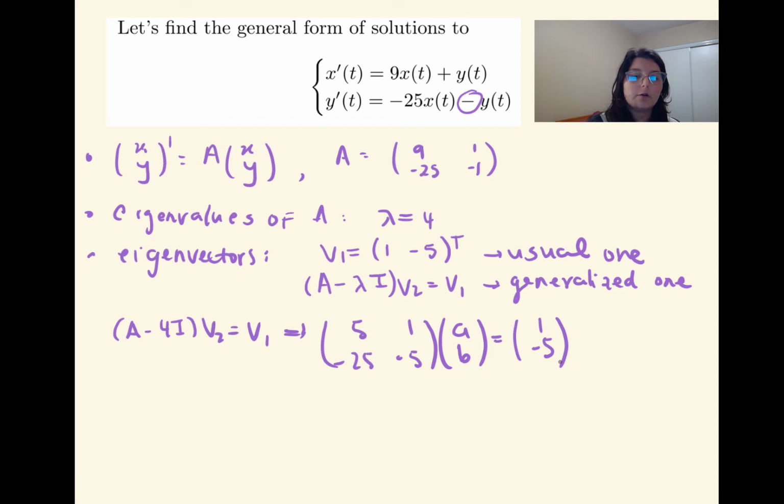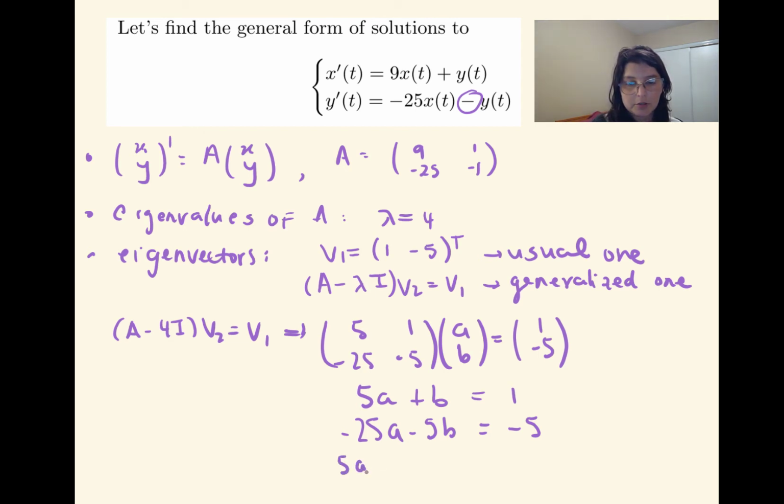From the product on the left-hand side, we get the equations 5a plus b. The first component should be equal to the first component of the vector on the right-hand side, and that's 1. And then minus 25a minus 5b should be equal to minus 5. Again, we have the same equation up to a constant.